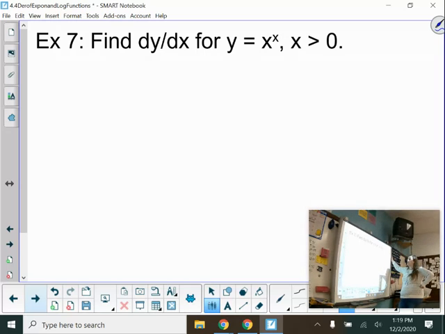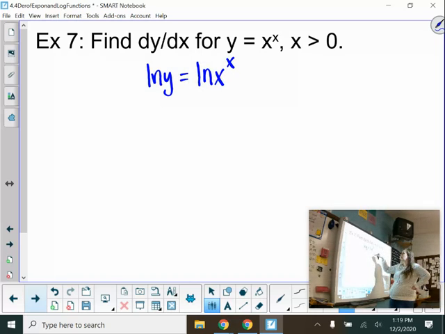So the only thing we can do here is rewrite it so that there's no more variables in the exponent. And we can do that by taking a natural log. Because when I do that, I can use the exponential rule and bring that x down so that it's in front.